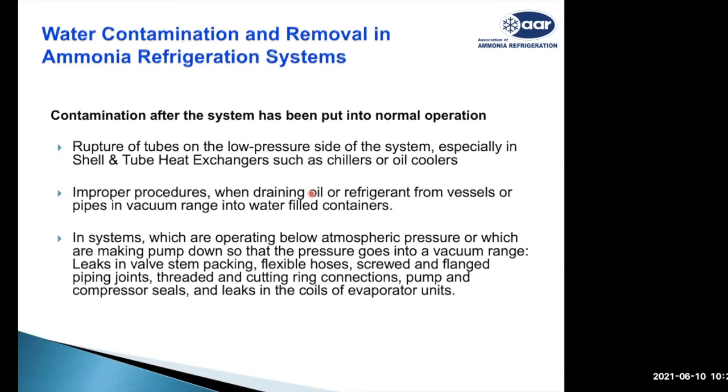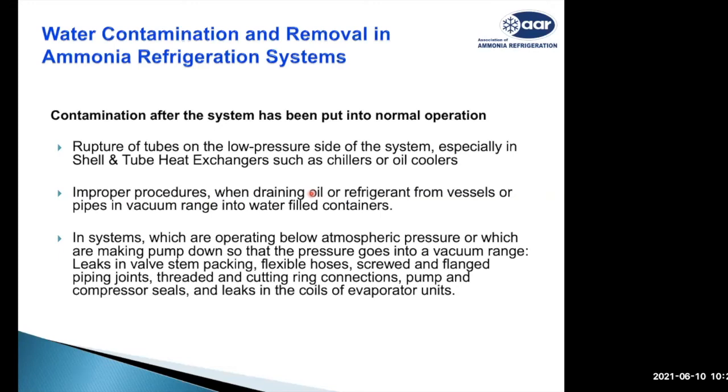When there is damage or leakage in that tube, the refrigerant will leak into the water side or the brine side, and the water will enter the system. And when your plant is running, it is possible that proper procedures are not followed when draining the oil or refrigerant from a vessel or charging the oil, and the possibility of water entering the system is also very high.